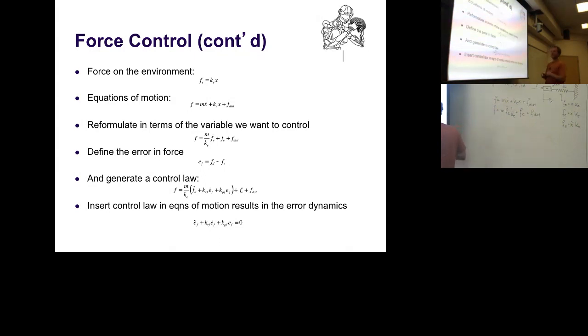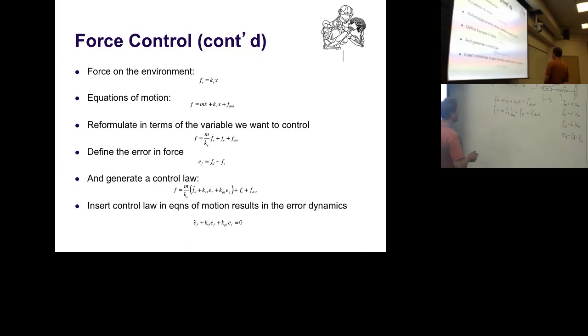Okay, this looks pretty much like the previous equation. Perfect. And it's also useful to define an error term. The force error is going to be F desired minus F environment. Okay, cool.